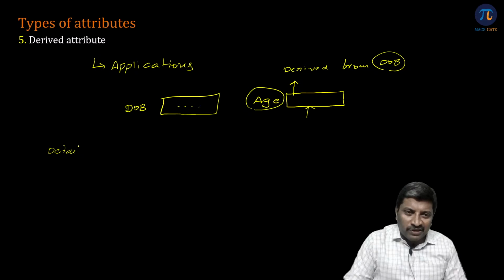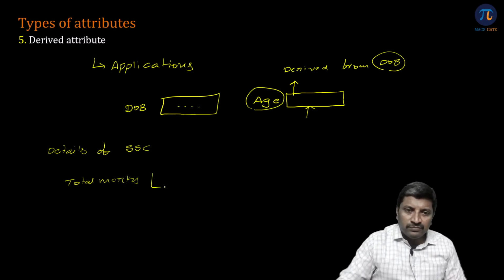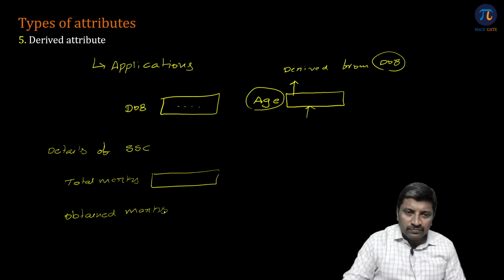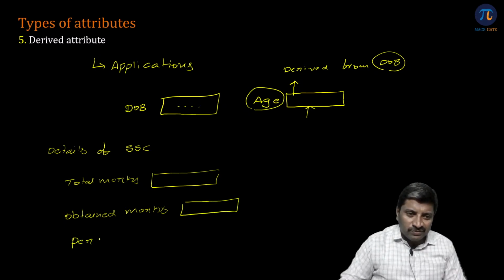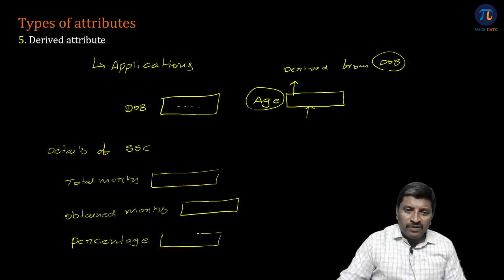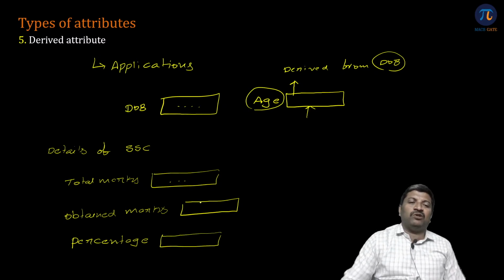The application might have a column for total marks, then obtained marks, then percentage. In most applications, whenever I fill total marks and obtained marks, the percentage is automatically filled.